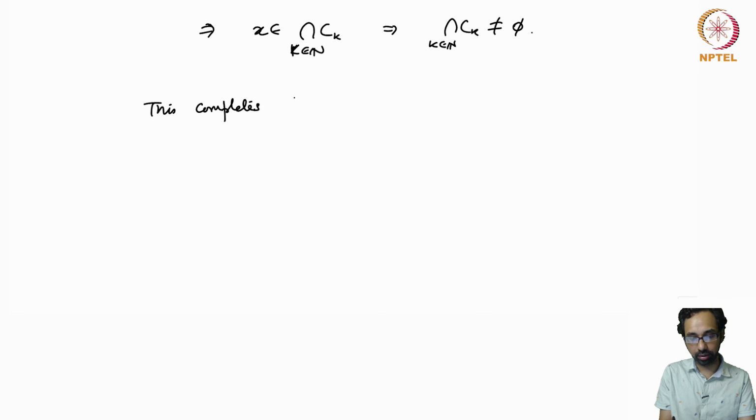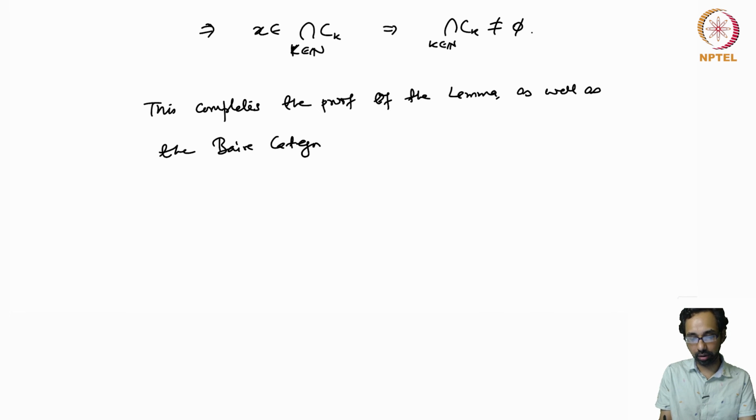This completes the proof of the lemma, as well as the Baire category theorem for complete metric spaces.